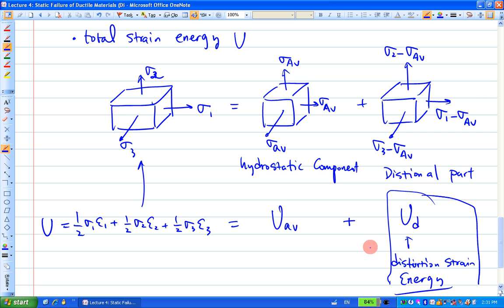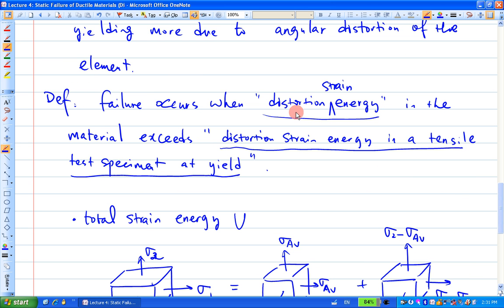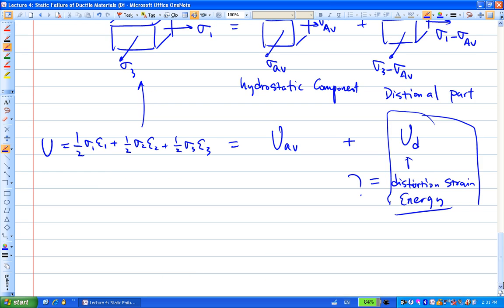So what does this quantity equal to? In this theory you're looking for distortion strain energy in two situations. One is what exists in the current state of stress. The other is the value in the tensile test specimen at yield. That's the logic here.